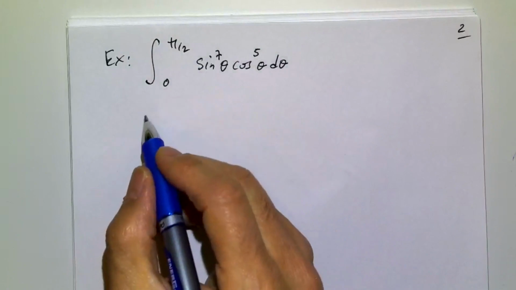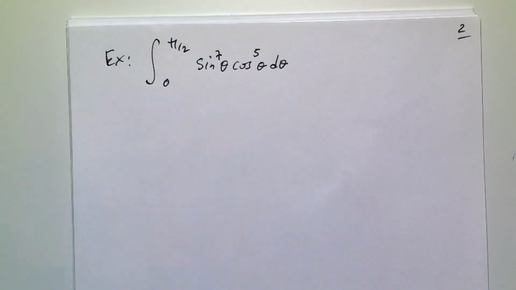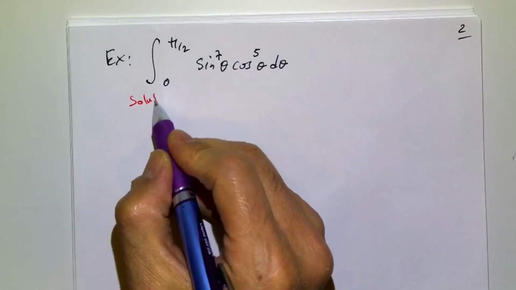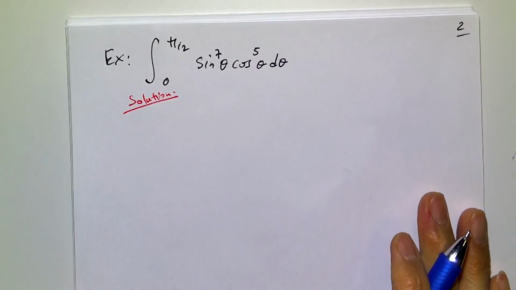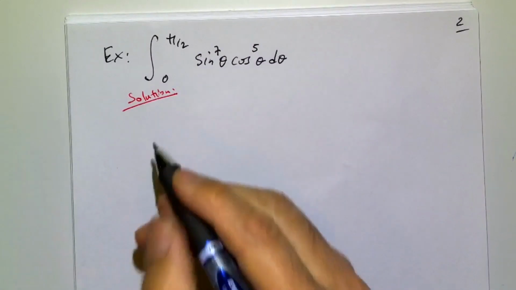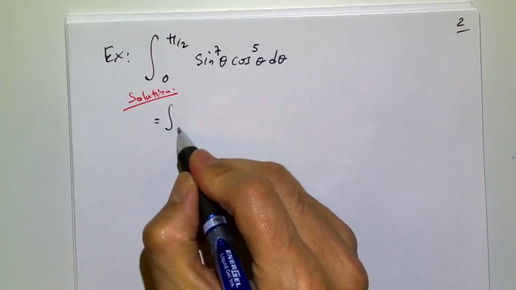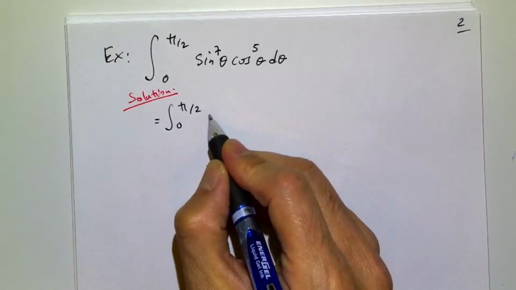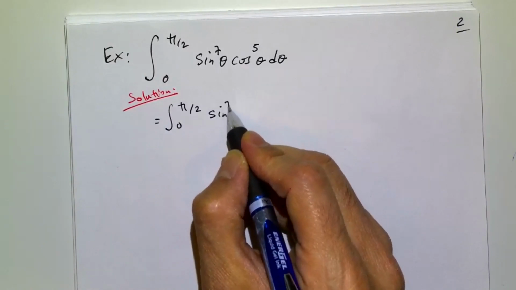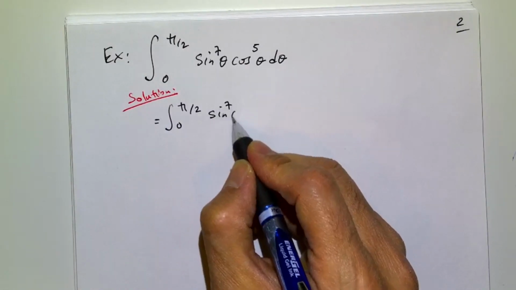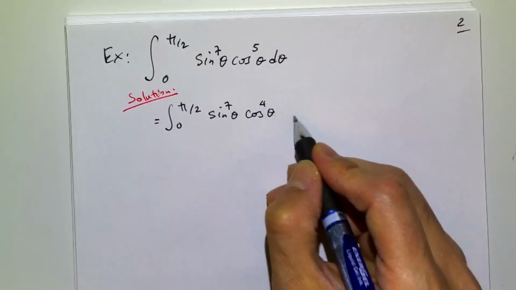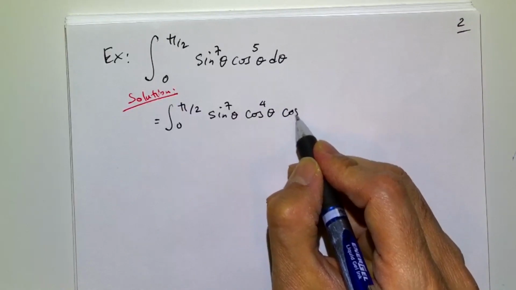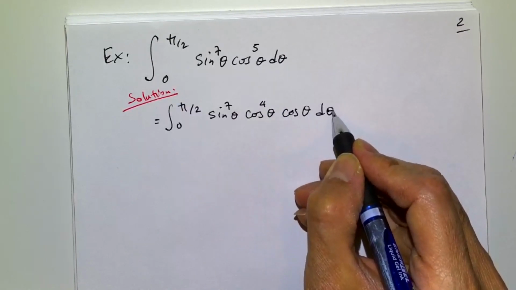So let's do that. Here's the solution. We have the integral from 0 to pi over 2 of sine to the 7th power theta times cosine to the 4th power theta times cosine theta d theta.